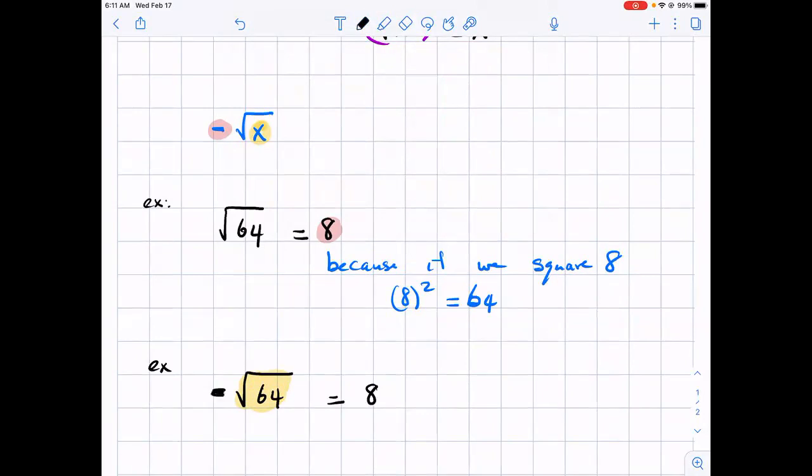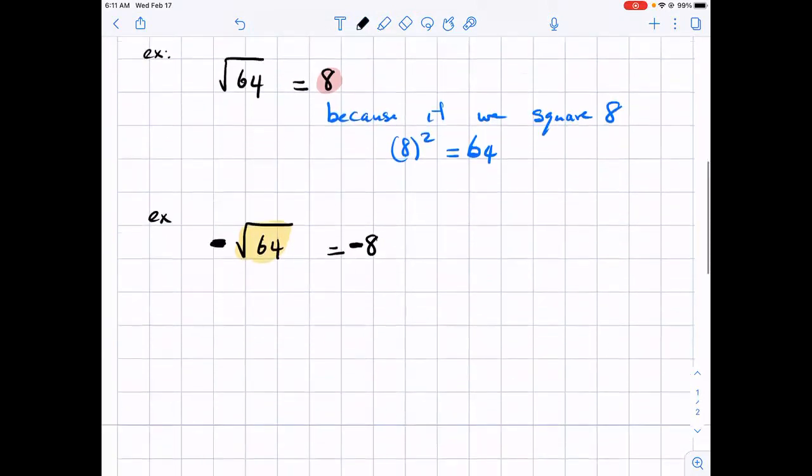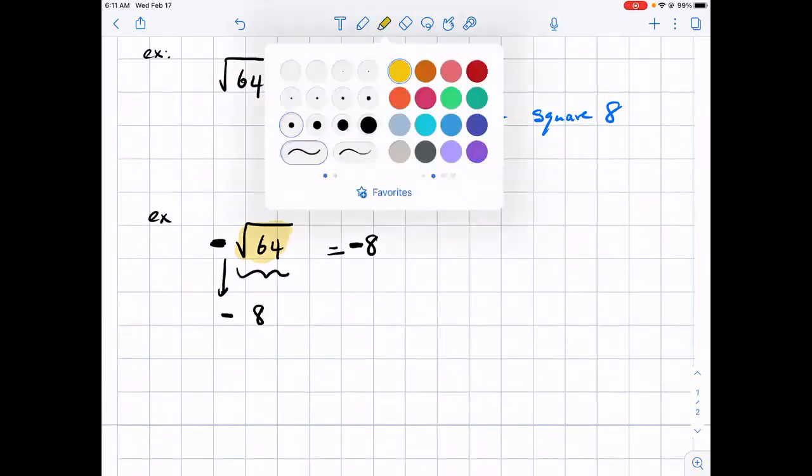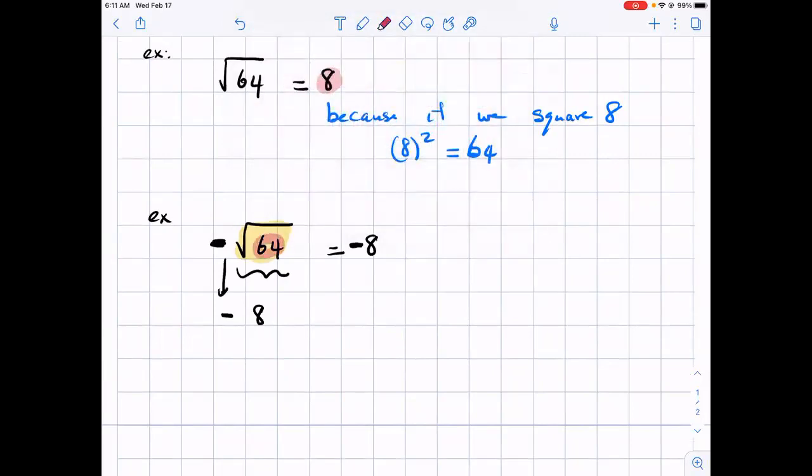But because we have a minus here, that minus goes back here. So you can think of this also as the square root of 64, which is 8, and that minus sign drops down. Now be very careful, the radicand here, the inside here, is still positive. Because if the inside here is negative, then we say that the square root is some imaginary number.